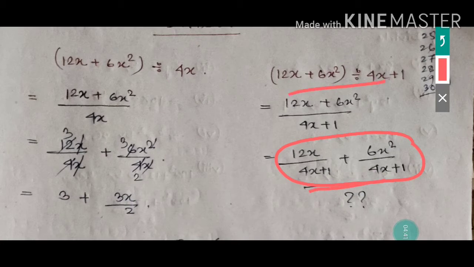So further simplification is not possible by this method. If the denominator in a division has more than one term, then we have to apply a different method, the division process, how to do the division.